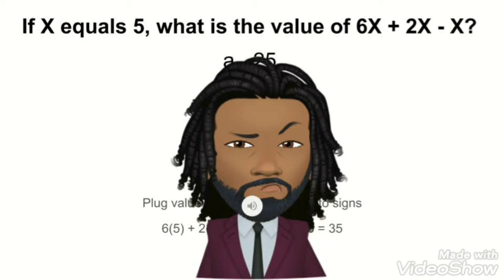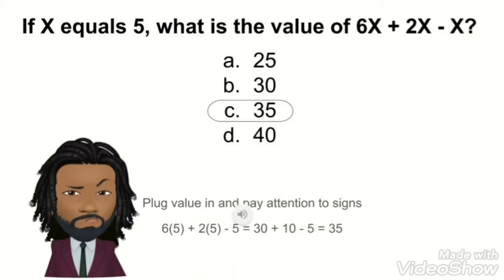Like before I even get to any multiple choice, I can already see that this is 30 plus 10. Yes, and once I got 30 plus 10 is 40 minus 5 is 35. You know what I'm saying? I kind of figured that out before I even saw the multiple choice answers. But looking at the multiple choice answers, it's probably best that I go ahead and try to solve for it instead of guessing, because these numbers are so close together, 25, 30, 35, 40.